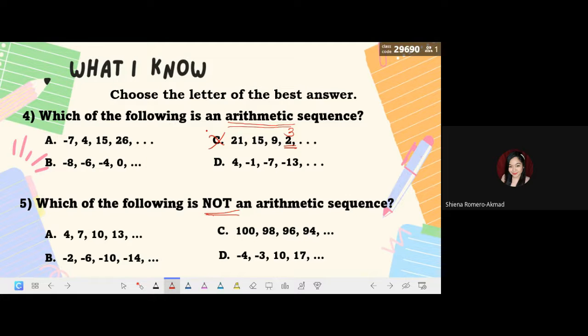Mark? Hindi po, ma'am. So, letter B is not an arithmetic sequence. So, meron na tayong dalawa.